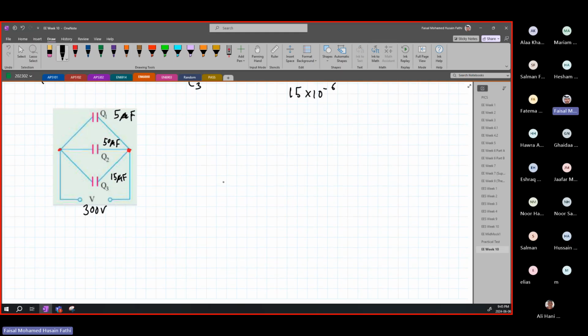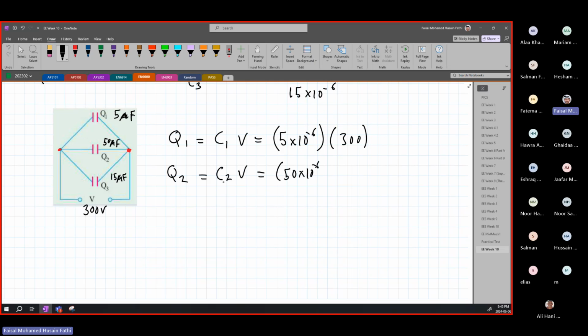So if we want to solve it very directly, Q1 is equal to C1V, so 5 times 10 to the minus 6 times our voltage of 300. Q2 is equal to C2V, 50 times 10 to the minus 6 times the voltage of 300. The voltage will not change.